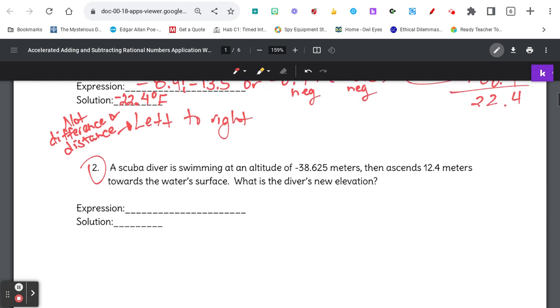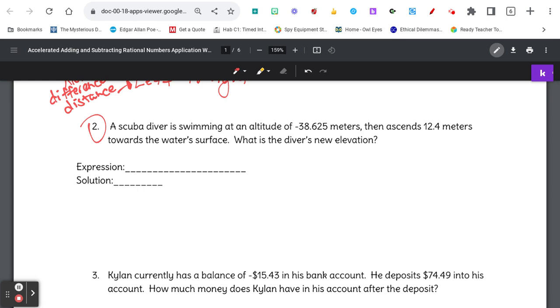Let's take a look at number 2. All right, a scuba diver is swimming at an altitude of negative 38 and 625,000 meters. Then ascends 12 and 4/10 meters toward the water surface. What's the diver's new location? So where did the diver start? Well, first of all, I don't see difference or distance, or anything that indicates that I'm doing a difference or distance problem.